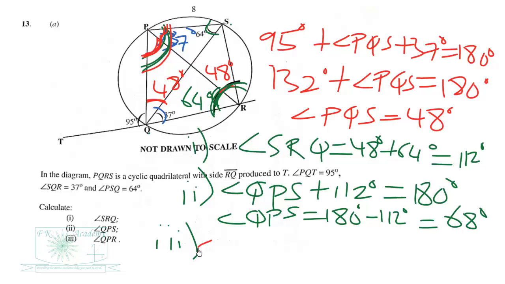So angle QPR will be equal to 68 degrees minus the 37 degrees, and that will be equal to 31 degrees.